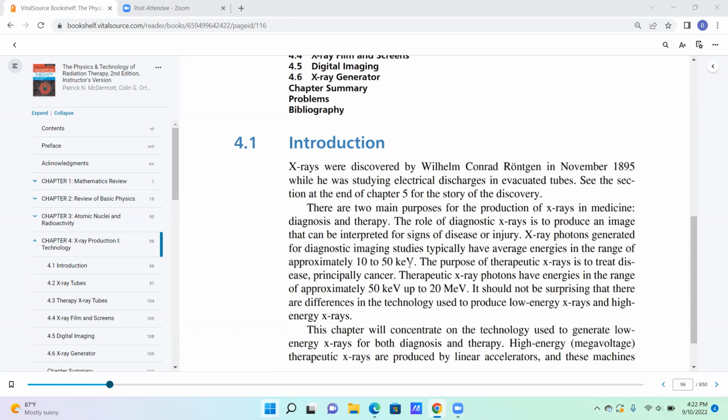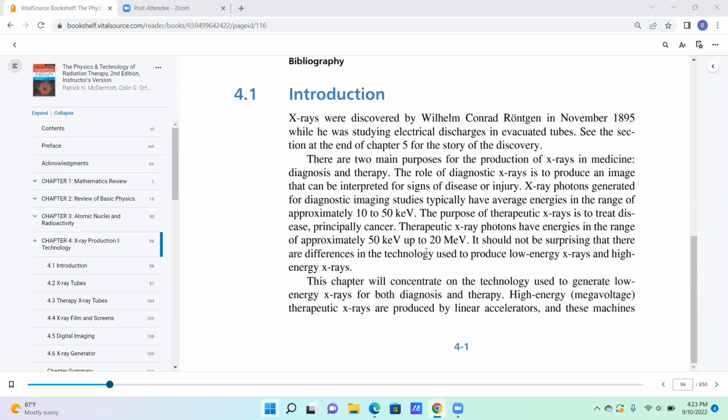And this is why we went over changing units and what the prefixes meant. So you can see here the 10 to 50 keV is kilo electron volts. When we start saying MeV, then we're referring to mega electron volts. So let's take a look.